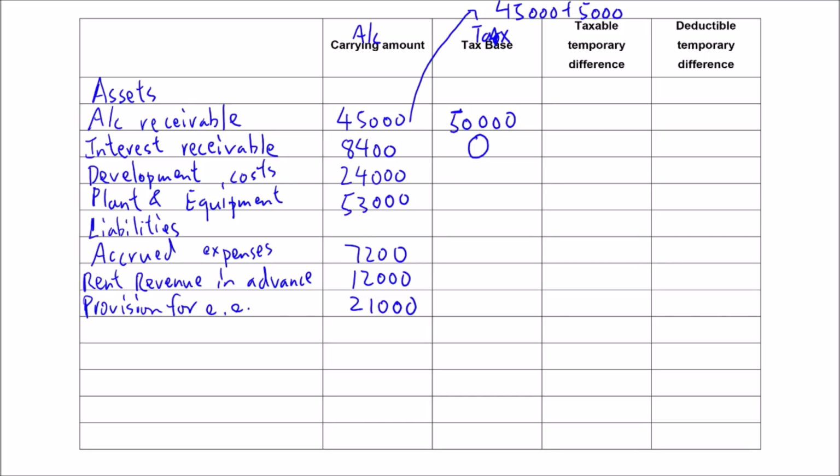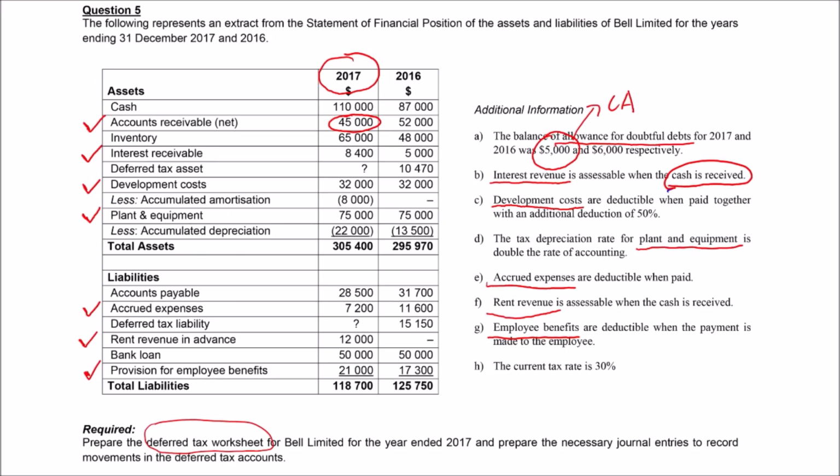Then we go on and think about development costs and plant and equipment. Once again, we need to go back to the additional information. You can see that development costs are deductible when paid, which means that when you spend money on development, you already claim the deduction in full.